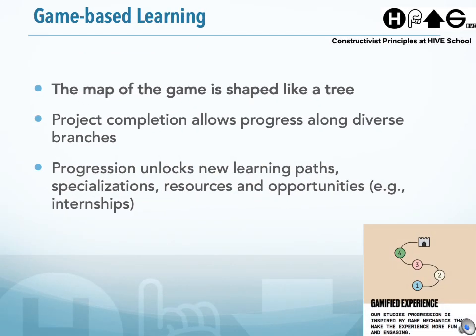Hive students choose their own path through the curriculum map, which is shaped like a tree and operates as a game. By completing projects, students may progress along the tree's many branches, and each progression unlocks new learning paths, specializations, resources, and opportunities, such as internships.